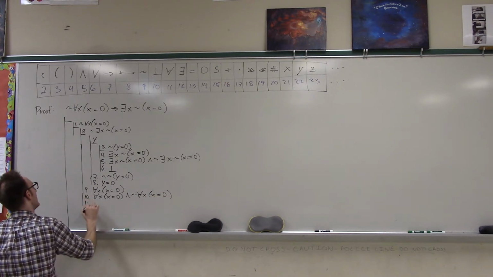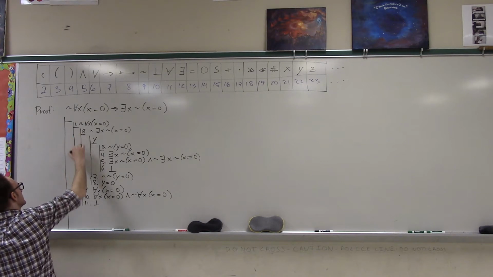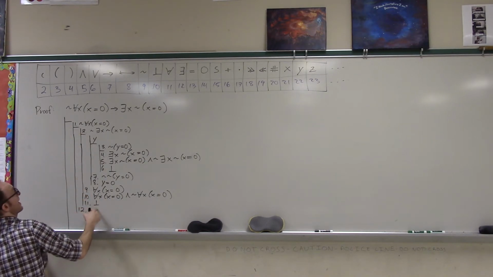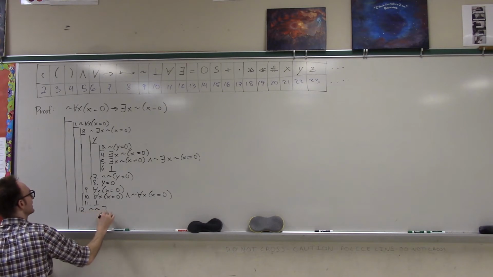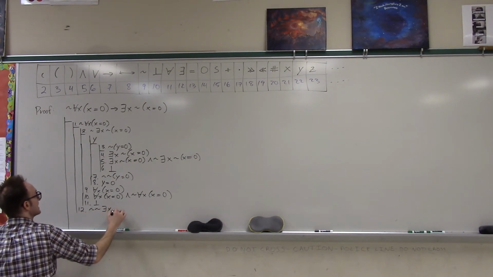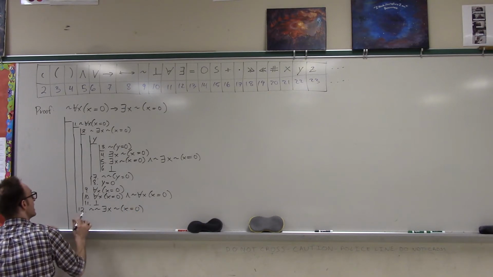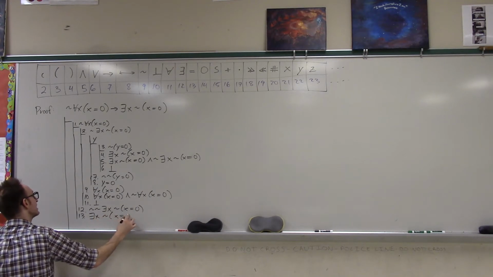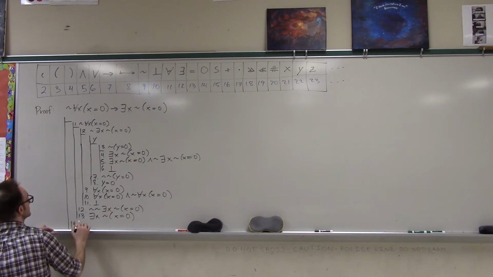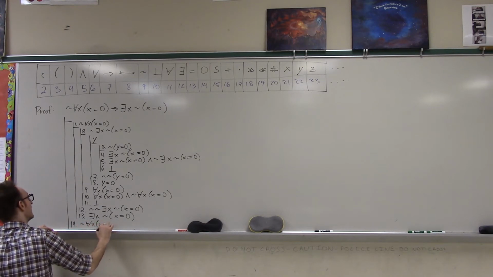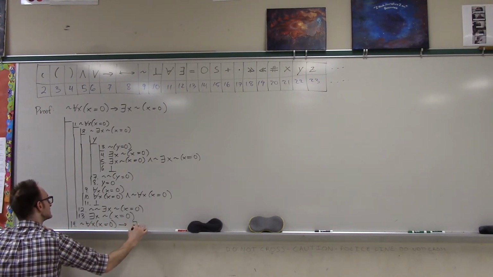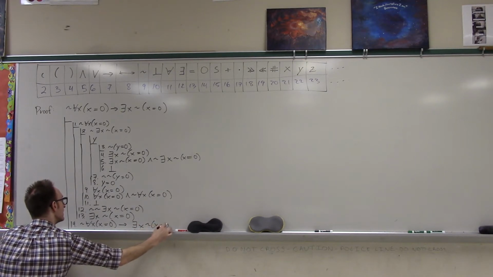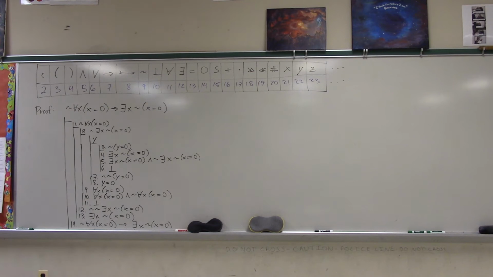So that is a bottom, and thus I get, I'm going to run out of room, I get not there exists an x such that not x is 0, and so there exists an x such that x is not 0, and so the final conclusion is not for all x, x is 0, arrow, there exists an x, not x is 0. Okay, good. That took hopefully only 5 minutes. That is a proof, as we've come to expect, of this basic fact. I skipped the reasons because they're not really part of the proof.